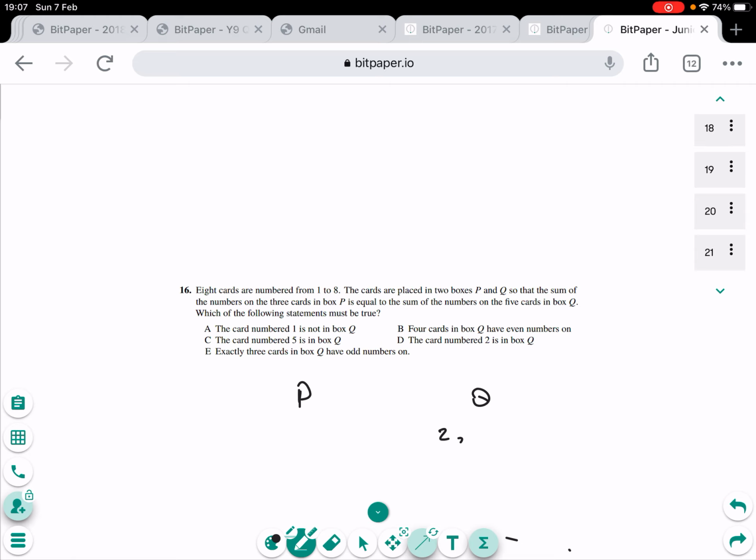Yes, so P. So after trial and error, you can know that 7, 6, 5 is in P, and 2, 3, 4, 1, and 8 is in Q. So you know the card numbered 2 is in box Q. So the answer to question 16 is D.